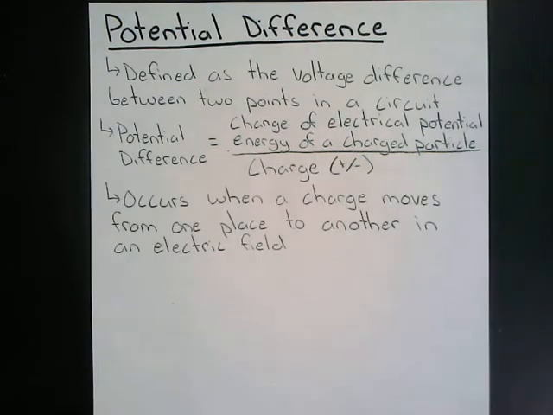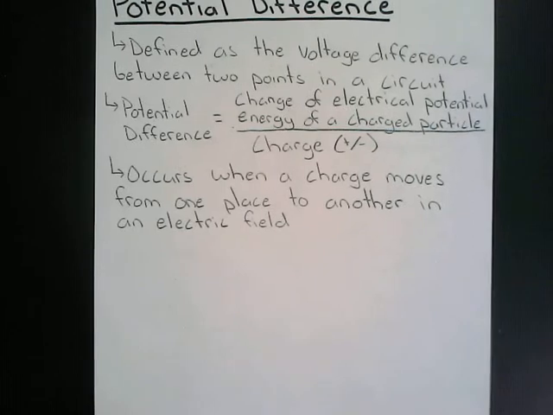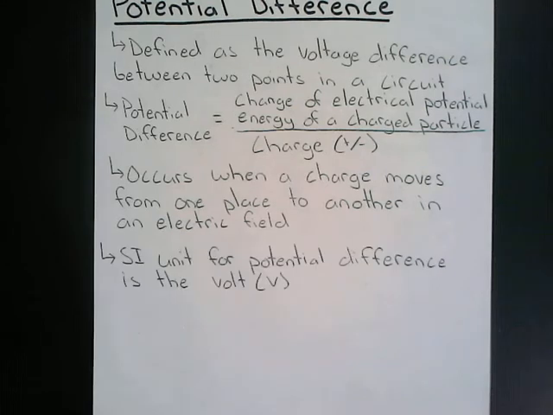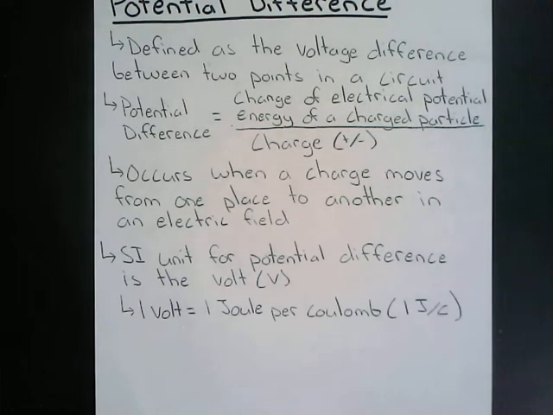While we're talking about the potential difference, the SI unit for the potential difference is the volt. Now, 1 volt is equal to 1 joule per coulomb. So we're tying a lot of concepts together here with our concept of the volt.